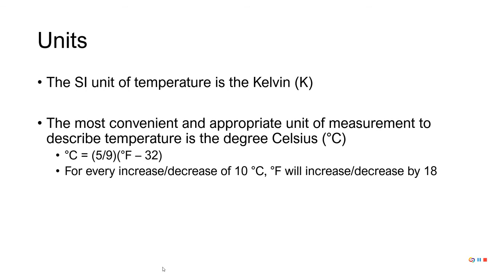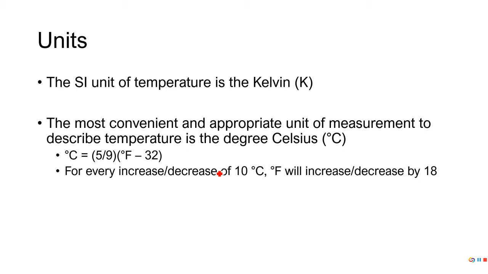And the equation that shows the relationship between Celsius and Fahrenheit is here. So you can go 5/9 times your temperature in Fahrenheit minus 32, or you can go Fahrenheit equals 9/5 C, or 1.8 C plus 32.